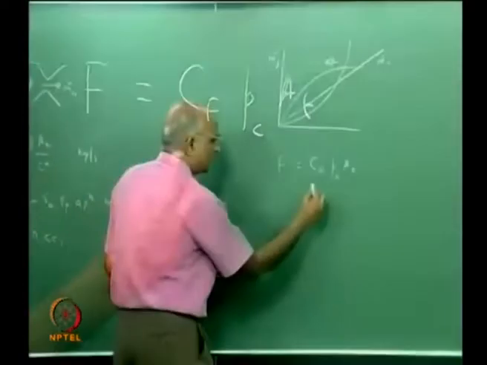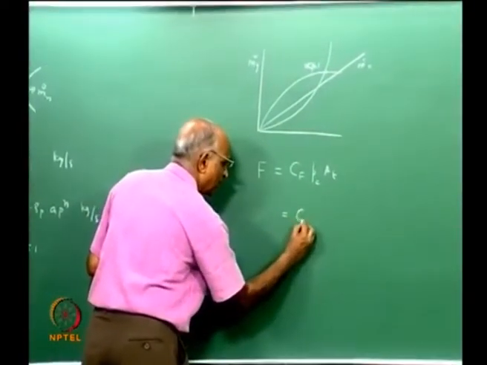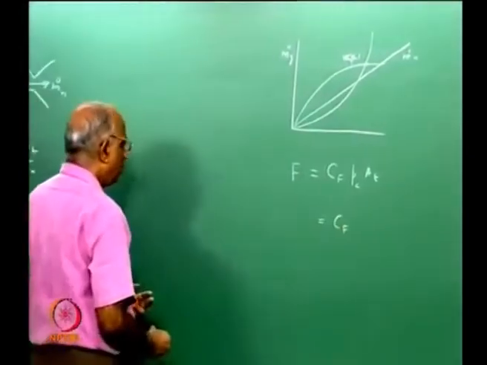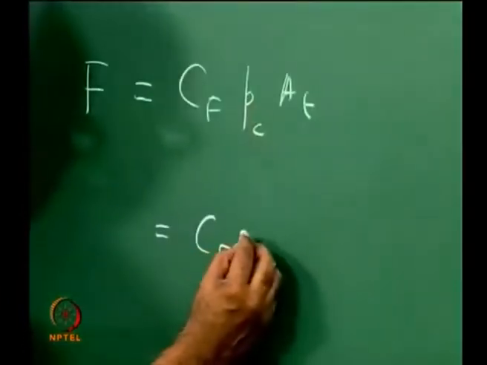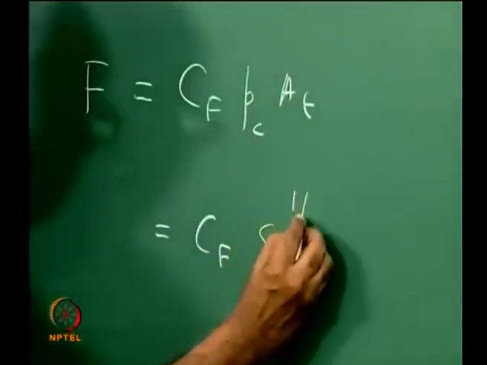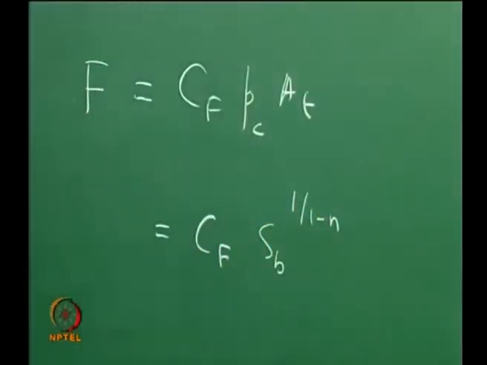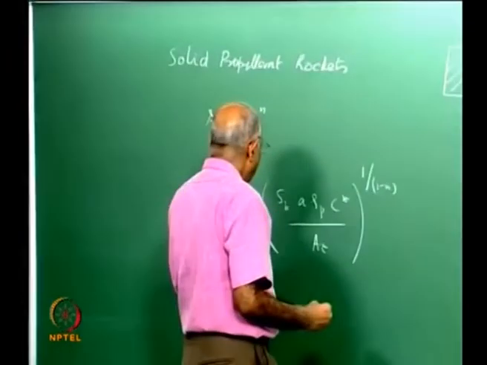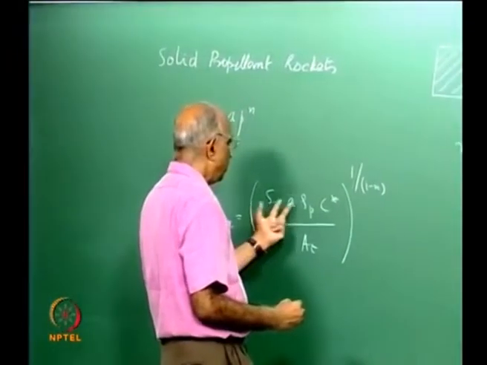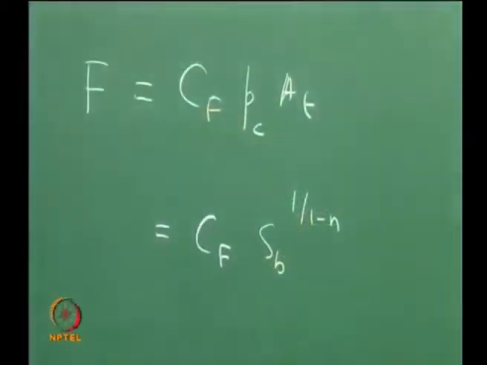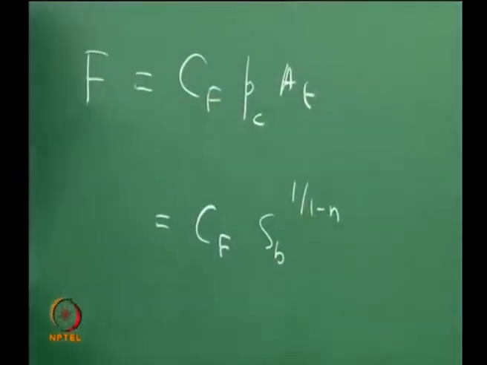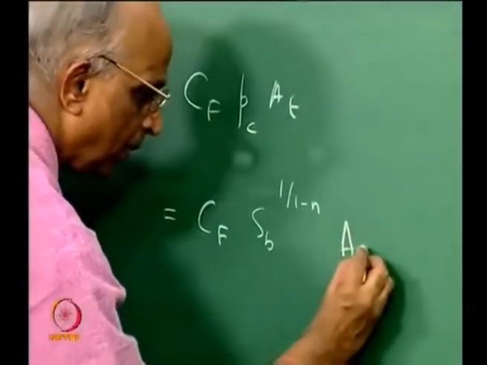I cannot just say, therefore I can write this equation as Cf into, I take the value of Pc from here, I can now write it as Sb to the power 1 over 1 minus n. What did I do? I take P equilibrium going as Sb to the power 1 over 1 minus n, therefore I write that here. Then I write the other terms together, namely I get At.